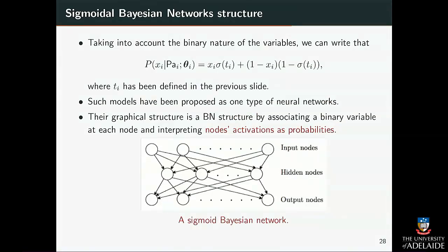Oftentimes, this is actually a particular neural network where you model the interdependencies. There are some nodes in this network that are hidden, so you don't know these nodes, but you have some input nodes and some output nodes. So this could be a more complicated relationship where, for instance, you have done some exams, but you haven't understood whether the tests that you made are really indicative of something.